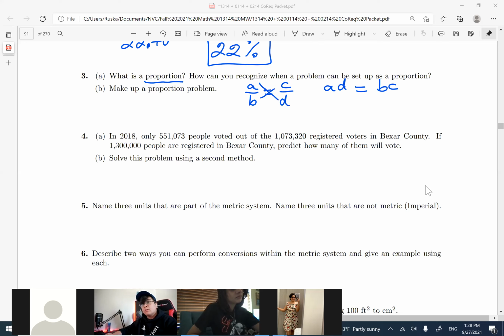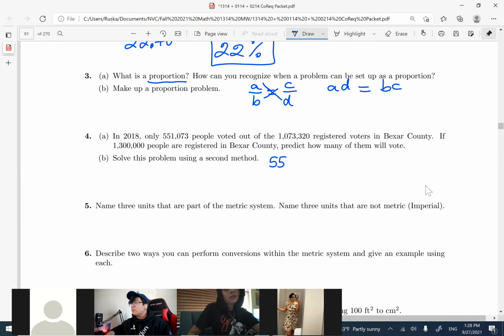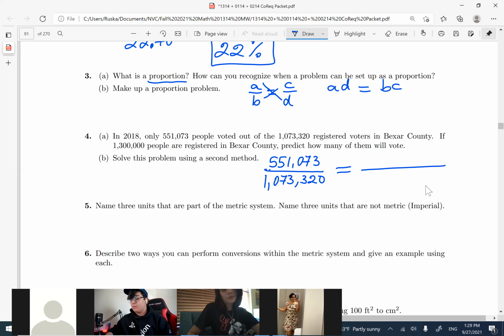Proportion. So what are you going to put in the top? 551,073 over 1,073,320, equals X over 1,300,000.